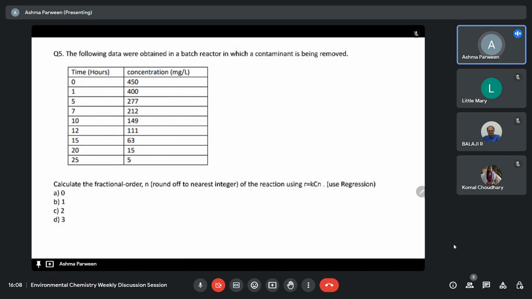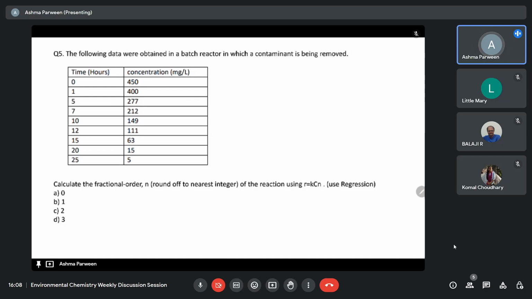In this question we have to solve it in Excel. I will show you how to solve this question. This question was also discussed in lecture 3.